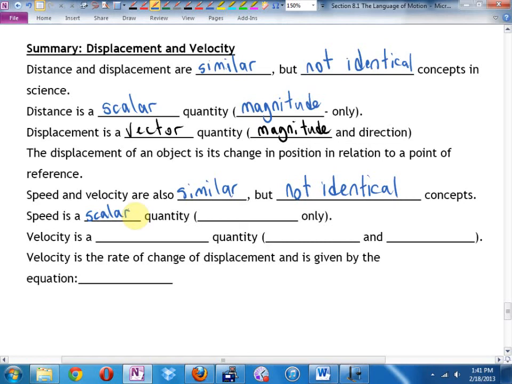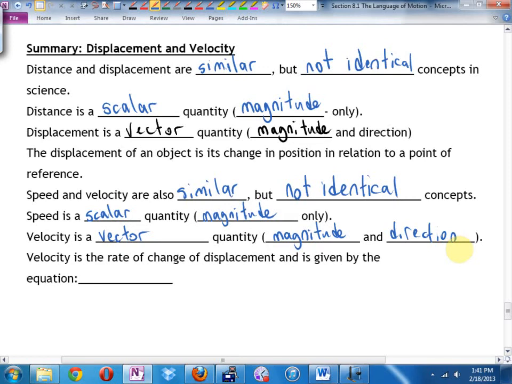And a scalar quantity has magnitude only. Velocity is a vector quantity. It has magnitude and direction.